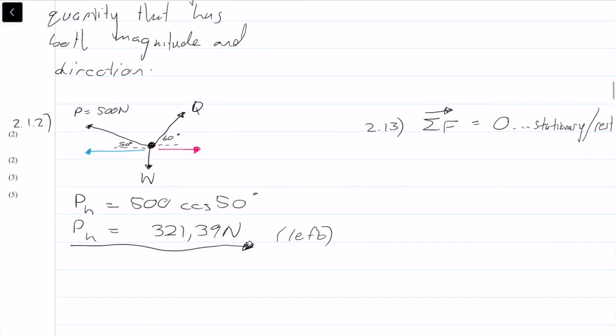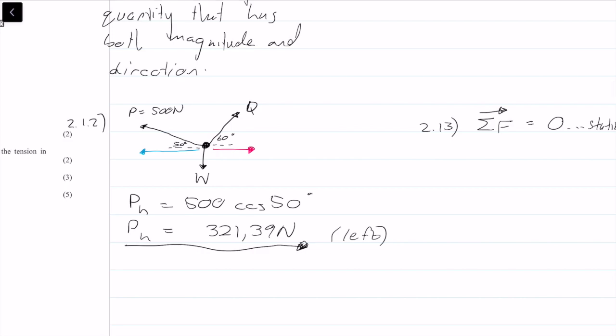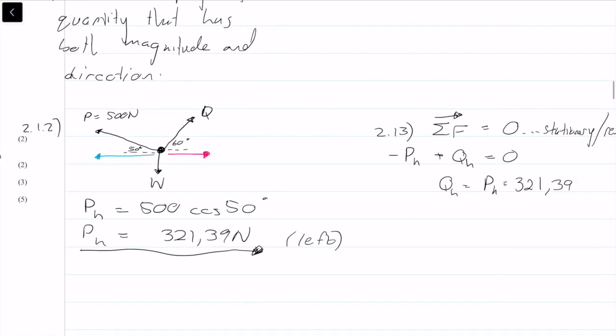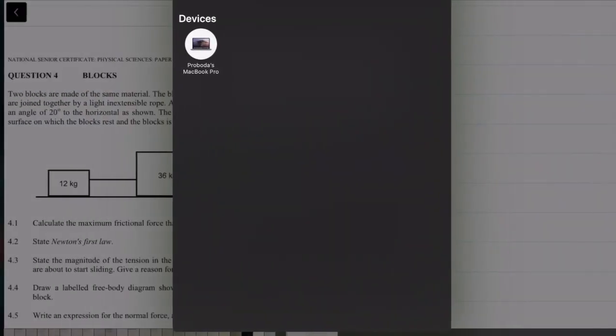Taking that into consideration, we can say minus P horizontal plus Q horizontal is equal to 0. So Q horizontal is equal to P horizontal, which is equal to 321.39 newtons.